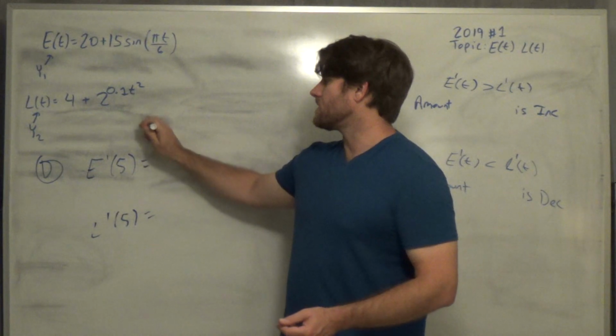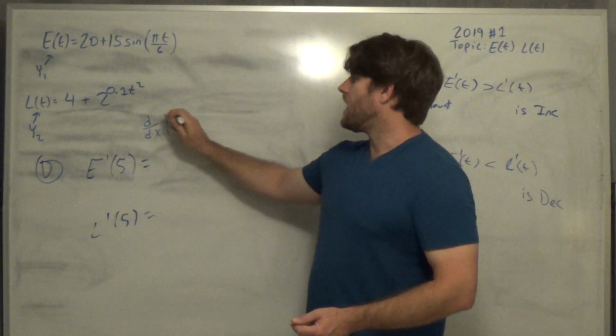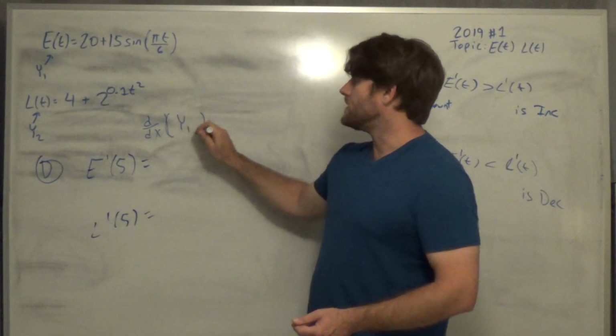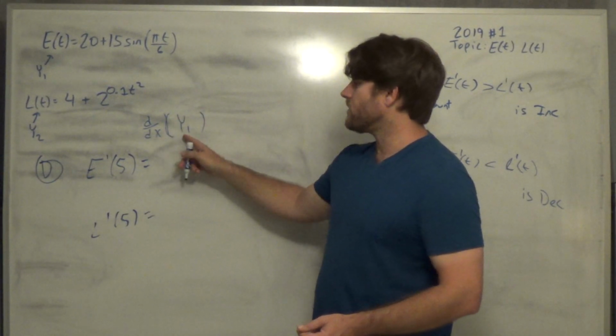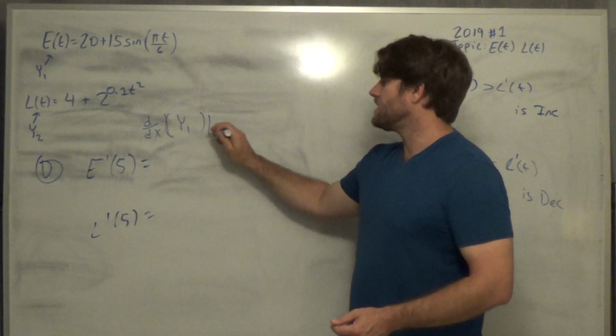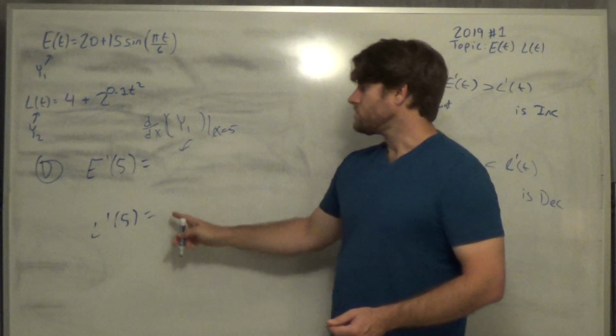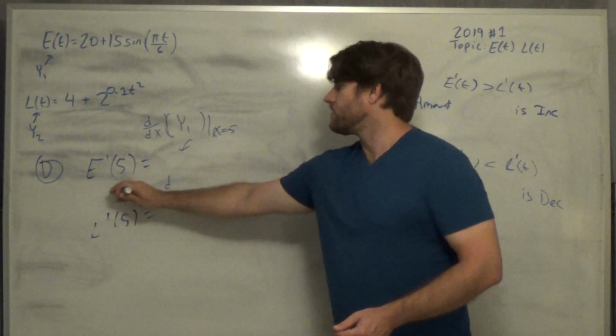So in your calculator, you would do the derivative, math 8, and then you would plug in Y1. So you're telling the calculator to take the derivative of Y1, take the derivative of V(t), and then plug in 5. And it will give you some value. And then I'm going to do the same thing for the next part.